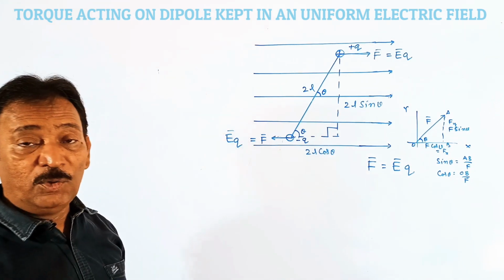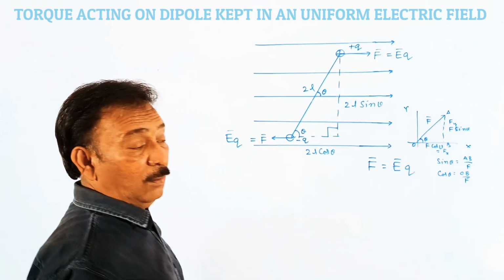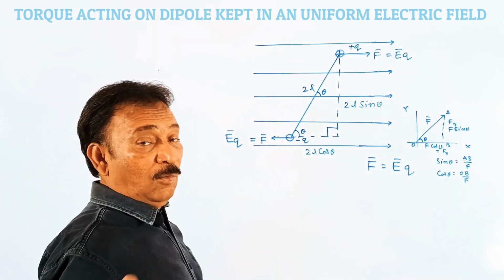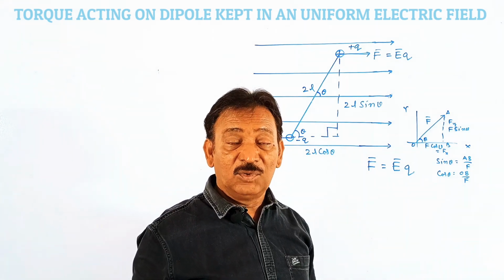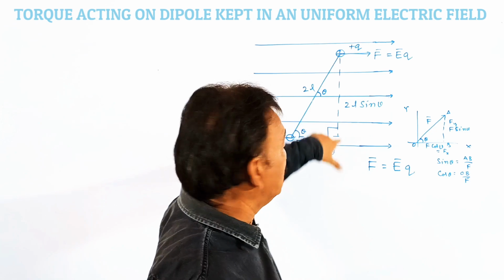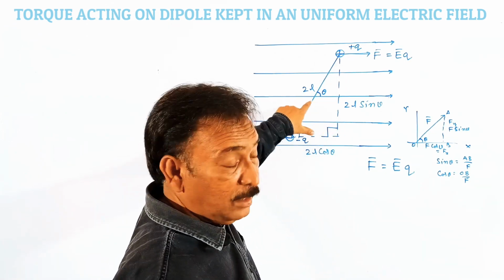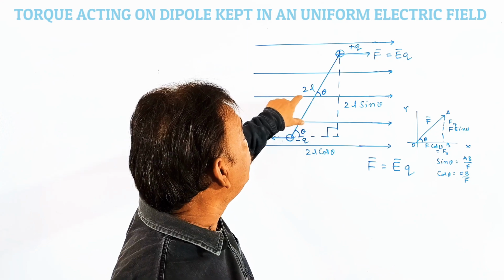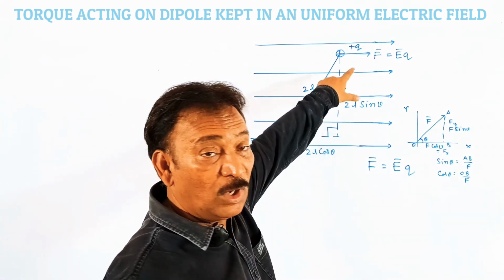In this way we took it as 2L sine theta. And I told you torque is nothing but perpendicular distance multiplied with the force. See this, it is the force and it is the perpendicular distance. To get the perpendicular distance, we divided this 2L into two perpendicular components.